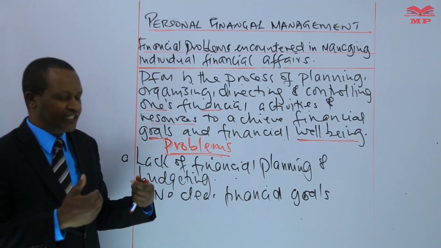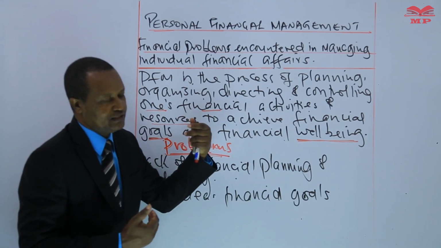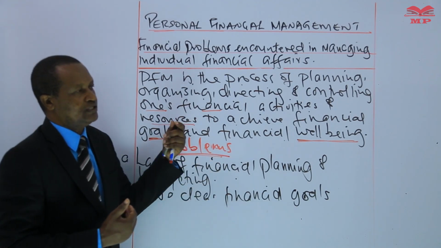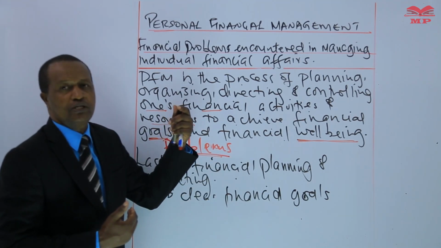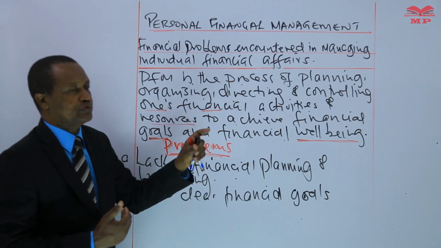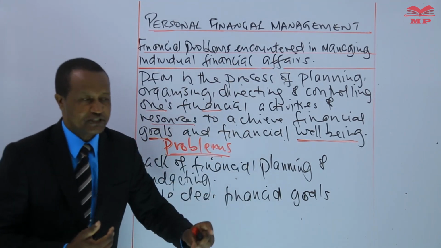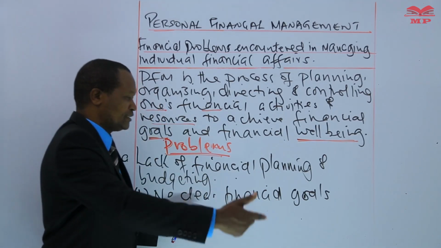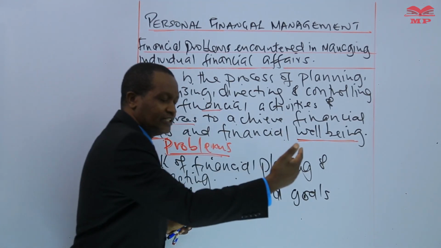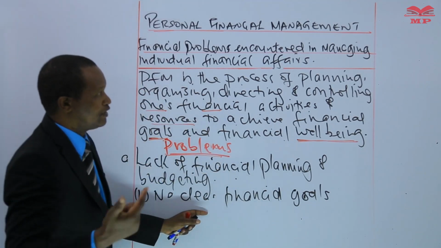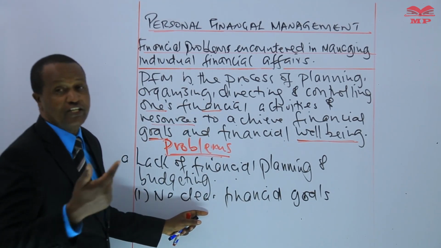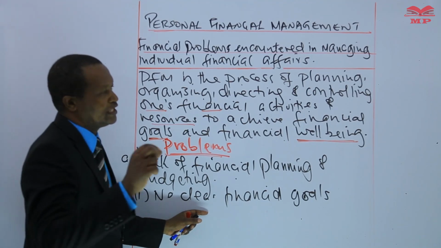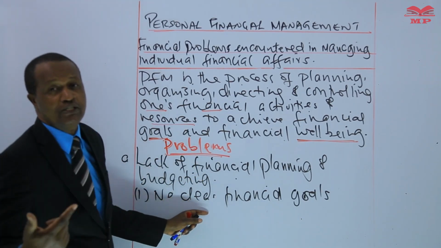If I have not decided in advance that, of my monthly income, maybe 10% will be used on food, 10% on this item, another percent on maybe rent. If I don't have that plan in advance before I get the money, I will have a problem in managing my financial affairs, because I'm most likely to spend that money on things that may not be useful.